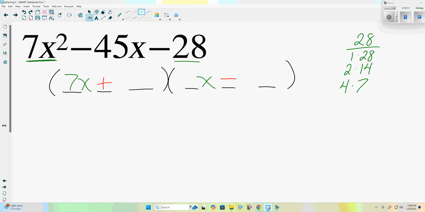Now the question is, which one of these sets of factors do we want to try? 4 and 7. So we'll try 4 and 7 first. 7 and 4. Will this one work? No. We'll check it here in a second, but there's one way that we can see that this one's not going to work.